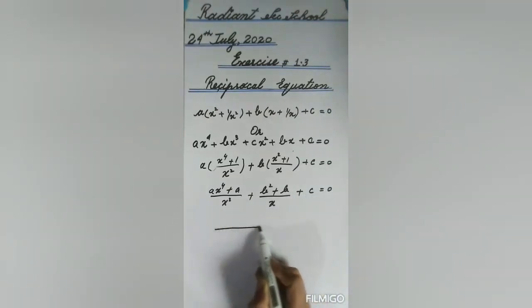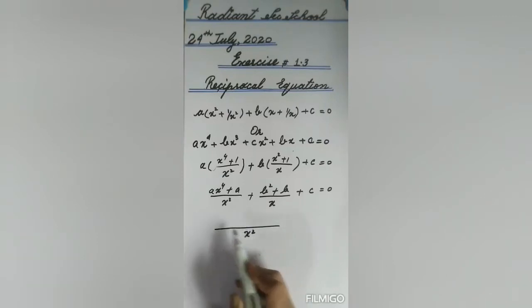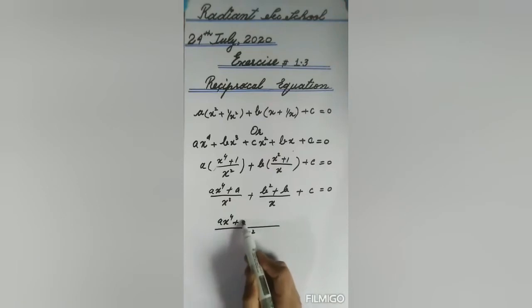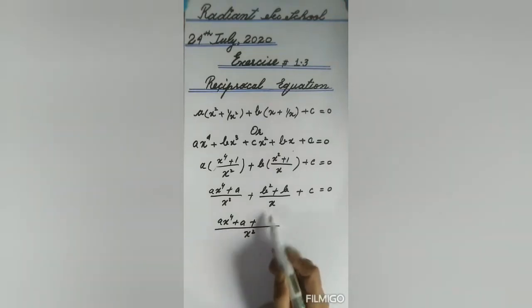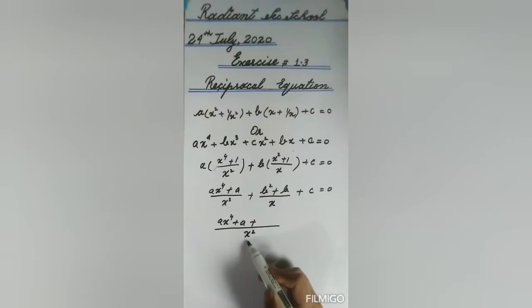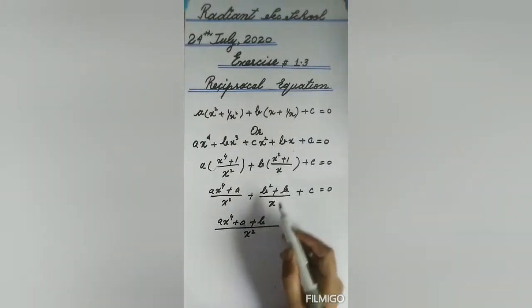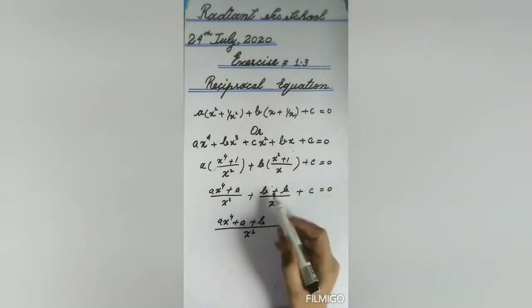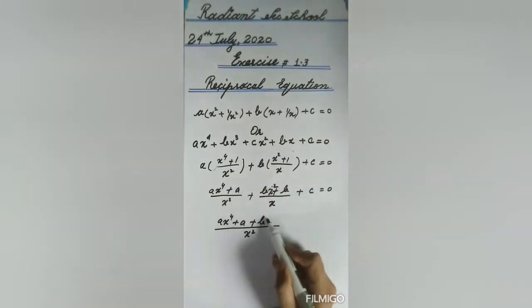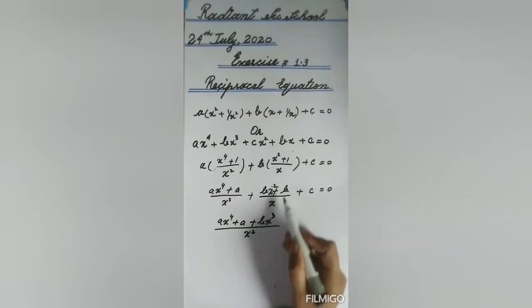Again I will take LCM. When I take LCM here, it becomes x square, then ax4 plus a, plus x square divided by x square gives x, and x multiplied by b gives bx cube.